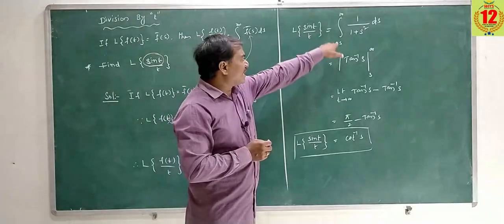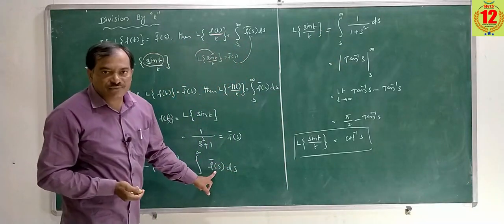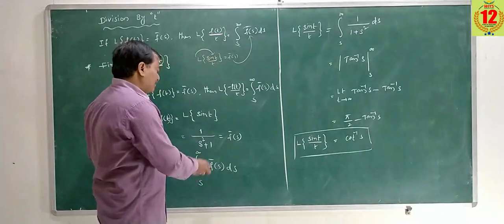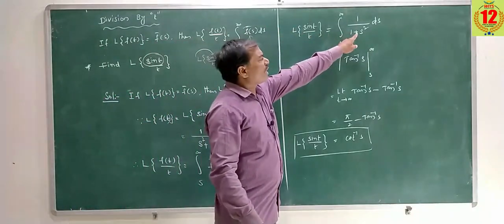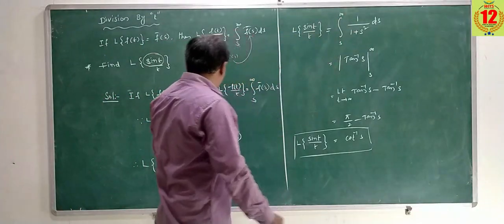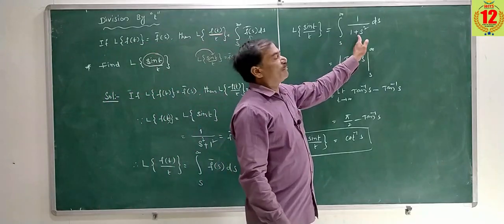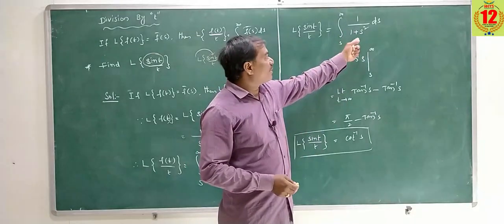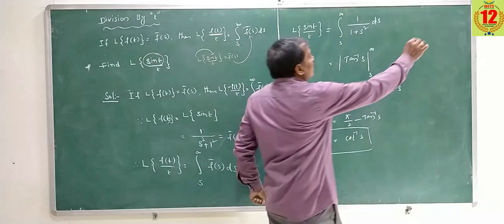So this is equal to the integral from s to infinity of f bar of s. What is f bar of s here? 1 by s square plus 1 square, and we have to substitute here. For our convenience, 1 by s square plus 1 square can be written in this form. Now we have to find the integral of 1 by 1 plus s square ds.